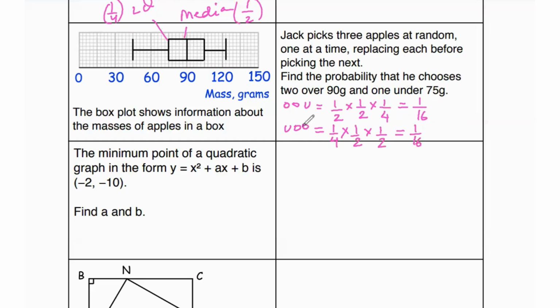And for the last combination, over, under, over, that's 1 over 2 times 1 over 4 times 1 over 2, which is 1 over 16. For the total probability, we add these up. So 1 over 16 times 3, and that's 3 over 16. That's the probability that he's chosen 2 over 90 and 1 under 75.